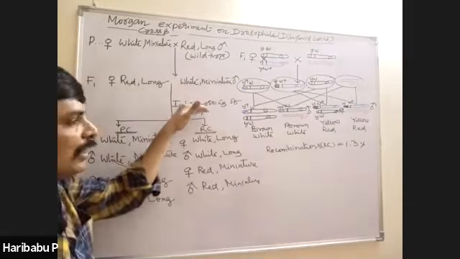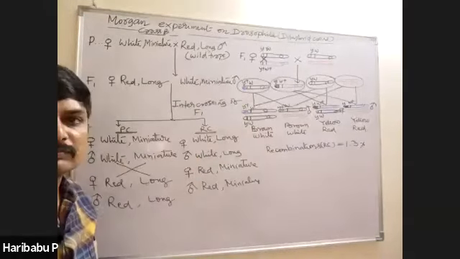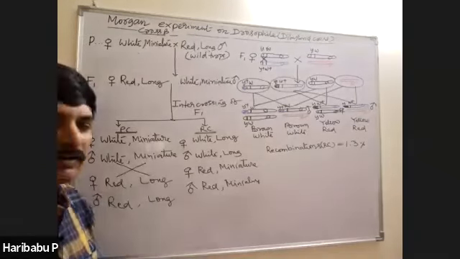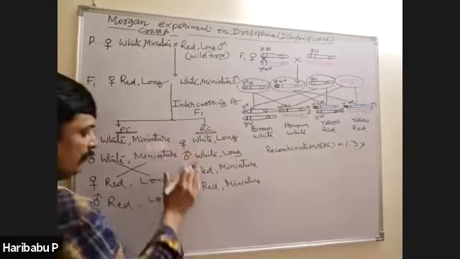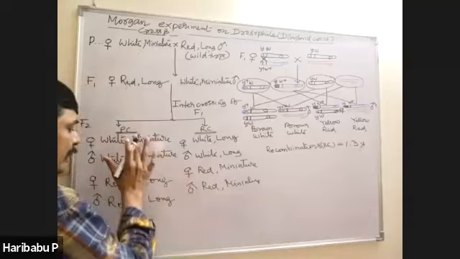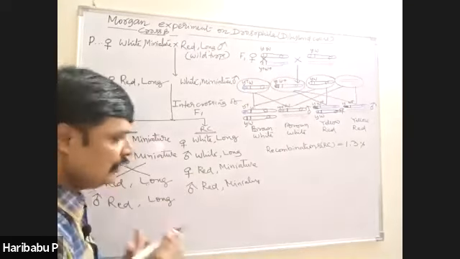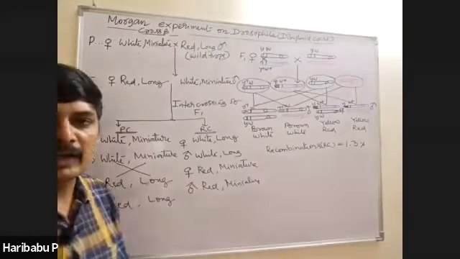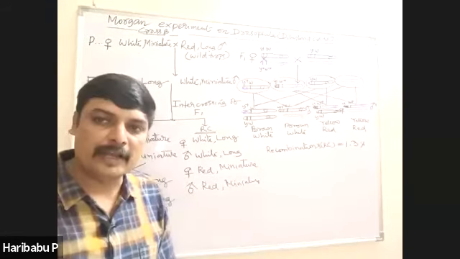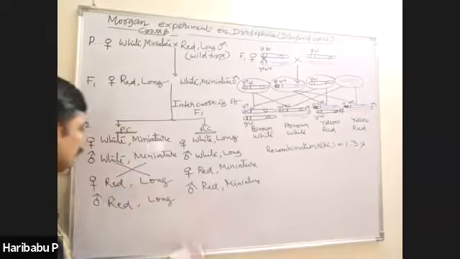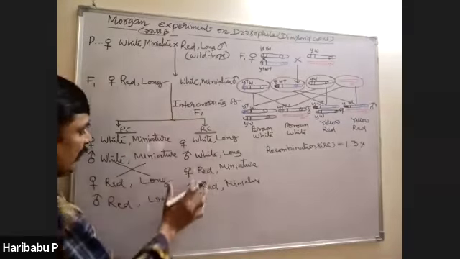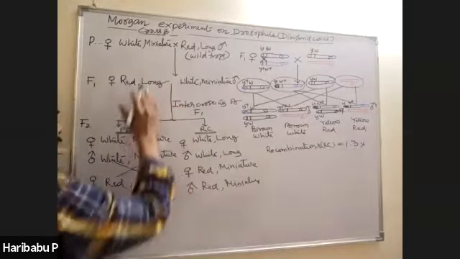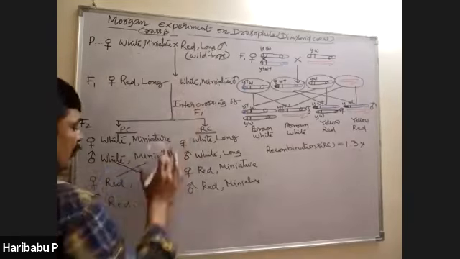When F1 are intercrossed, in the F2, both parental combinations and recombinations are obtained. The parental combinations are white miniature and red long.